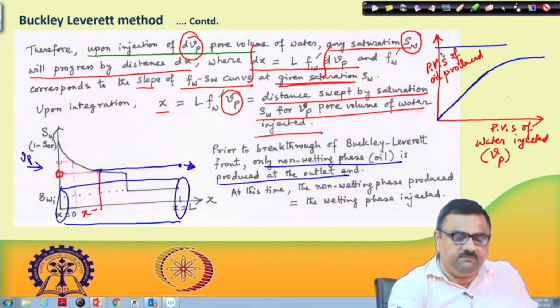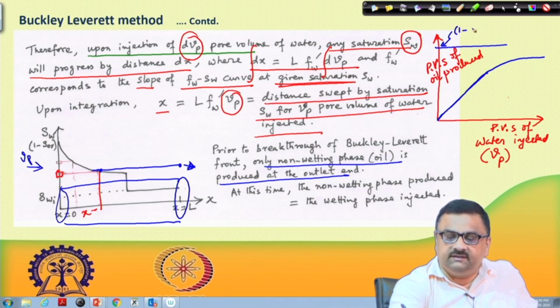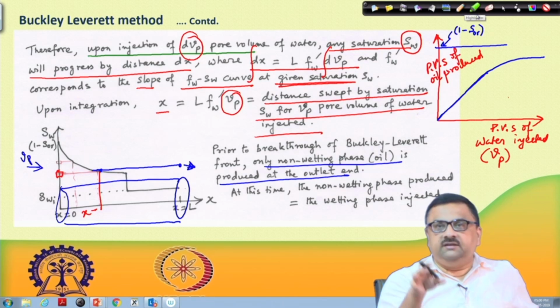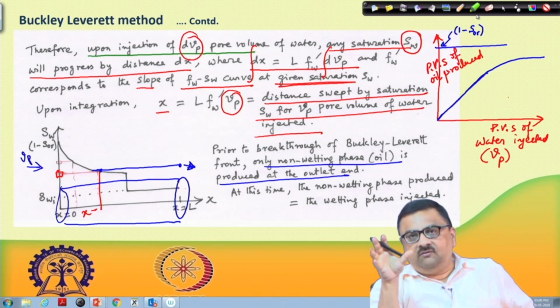We said that the limit here, the total pore volume of oil we can produce, is 1 minus SOR, because out of 1 pore volume of fluid in that system, I have to leave SOR amount of oil in the system.